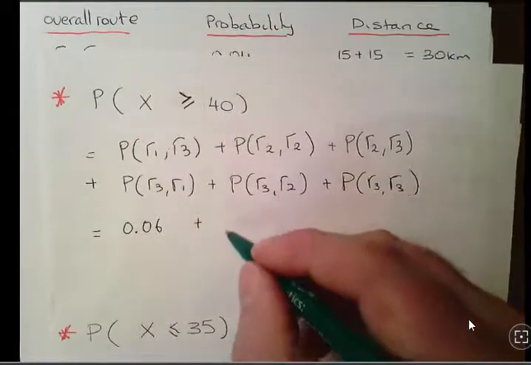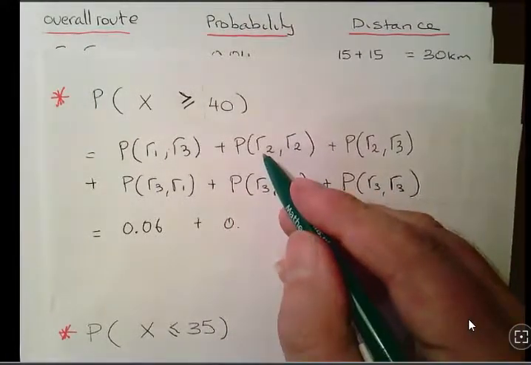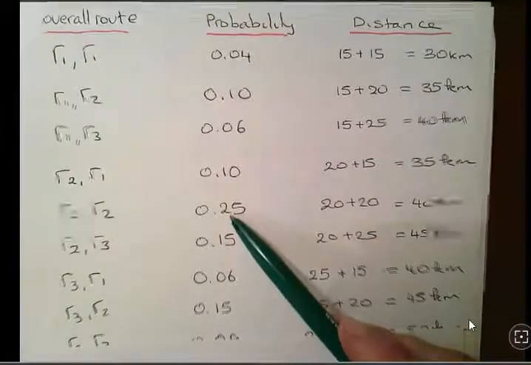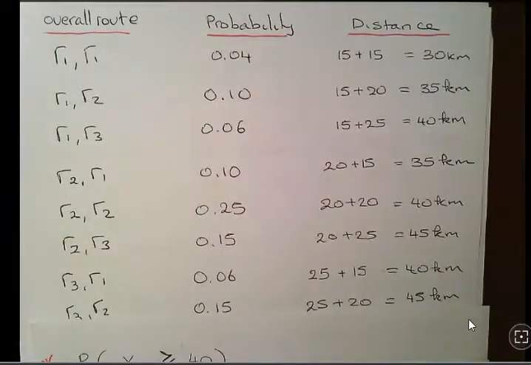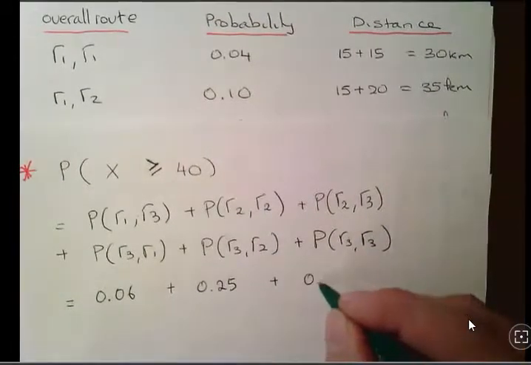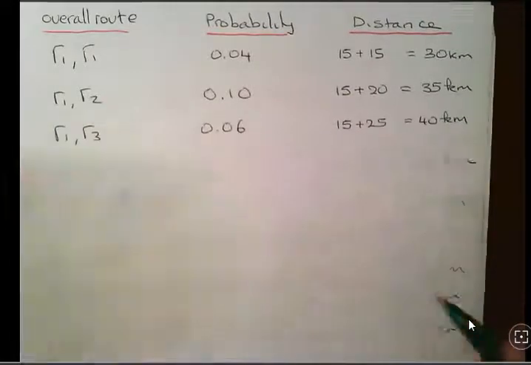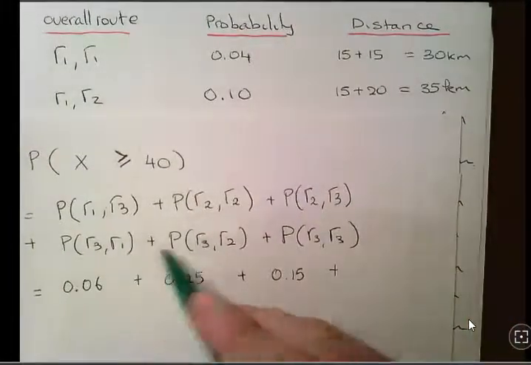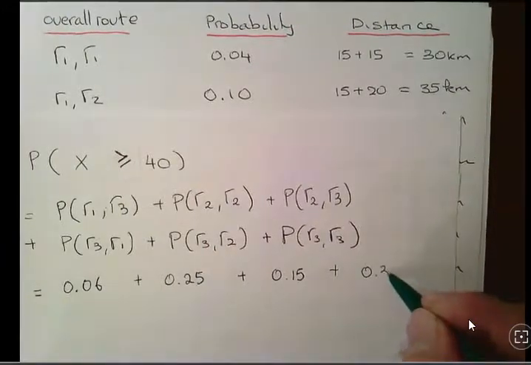Route 2 is 0.25. Let's just check that. Yeah, there it is. Route 2 and route 3 is 0.15. Okay, just check that there. And again, I'll put in all of these three together in one go as 0.30.